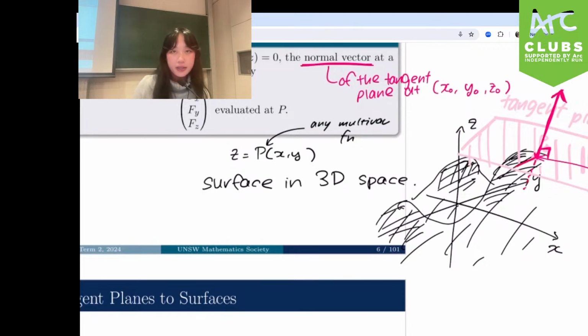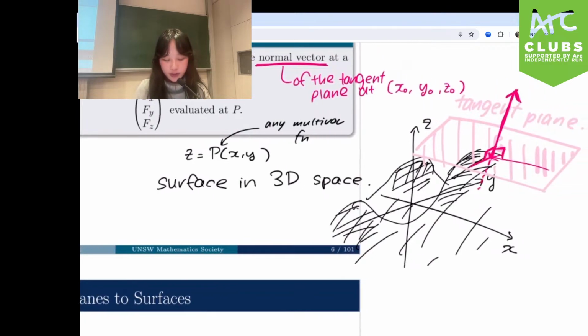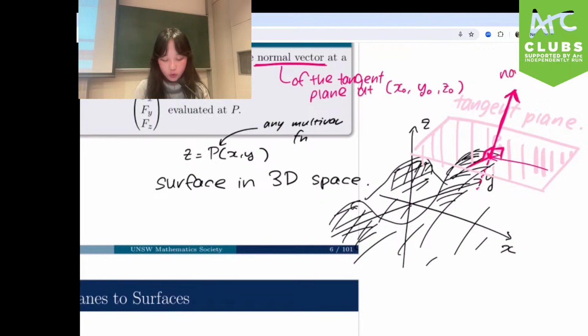We covered planes and point normal forms of planes in 1131 and 1141. Essentially all this is telling us is that this is a vector that is perpendicular to this tangent plane. So this is what we call the normal vector at a point.